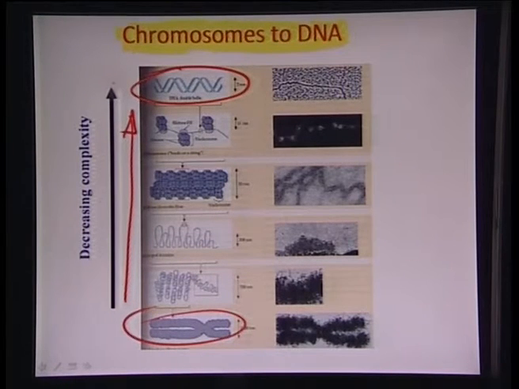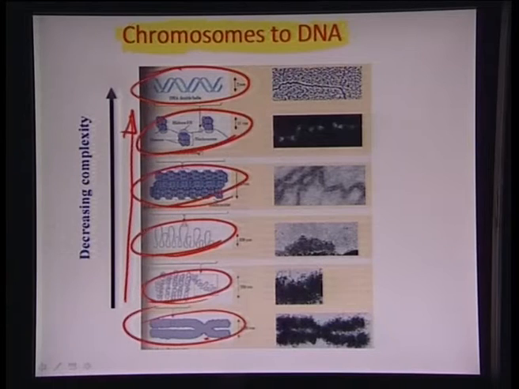Here it is a supercoiled, super compressed structure in the form of a double Y. And if you just keep on opening this in the various steps you are seeing here, you begin to open this supercoiled structure step by step, and then you come finally to a form which is the DNA molecule.